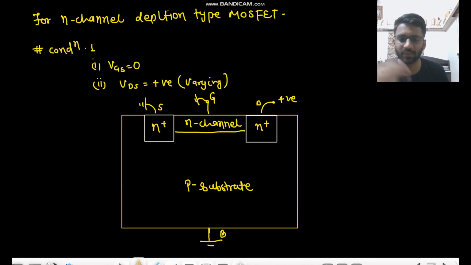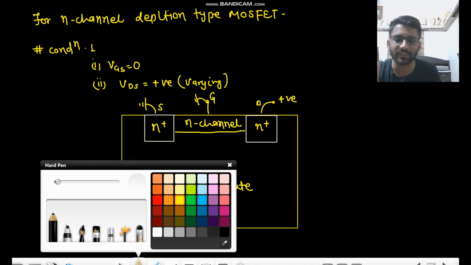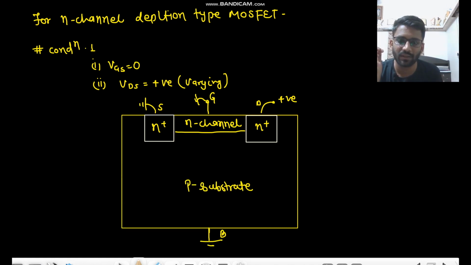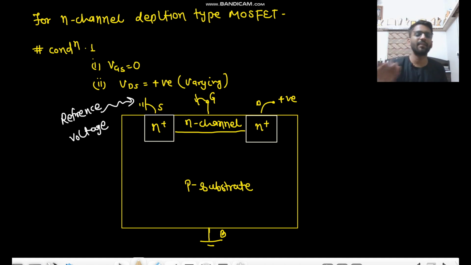So your source and body will be shorted, and we will take the source as the reference voltage. If I am applying VDS to be 4 volt, then I will put VD to be 4 volt and VS to be 0.